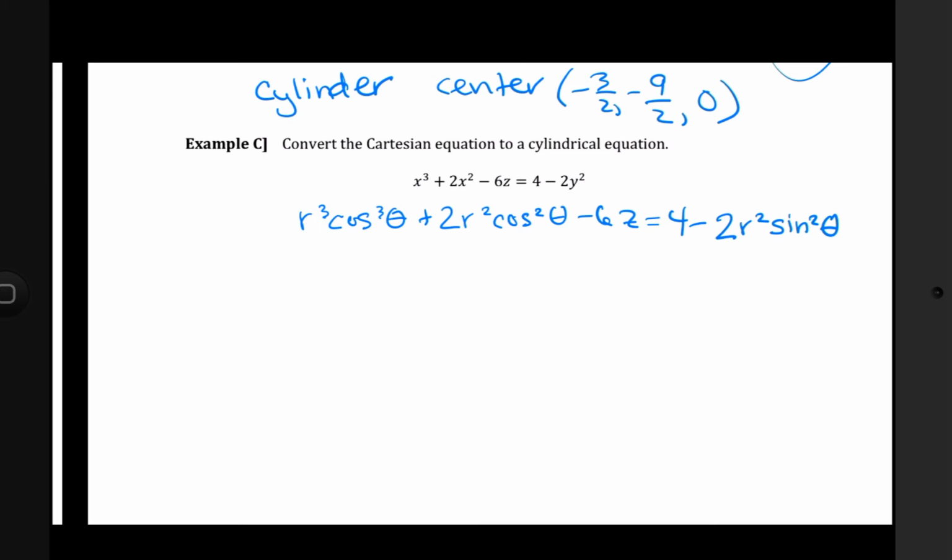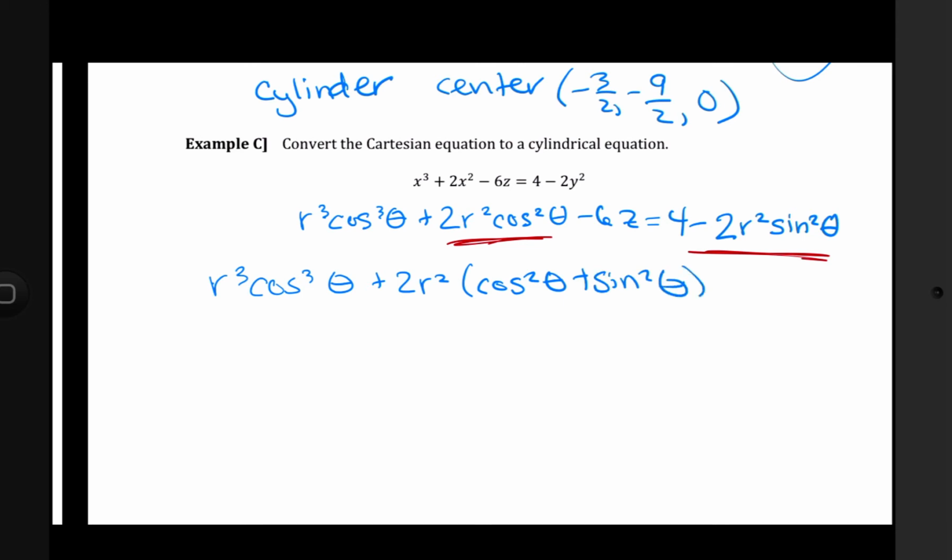All right, and if I look here, this guy and this guy, I bet I can use a trig identity to simplify a little bit. So I'm going to bring those all on the same side. So r cubed cosine cubed theta plus 2r squared, I'm going to factor that right out, times cosine squared theta plus sine squared theta, minus 6z equals 4.